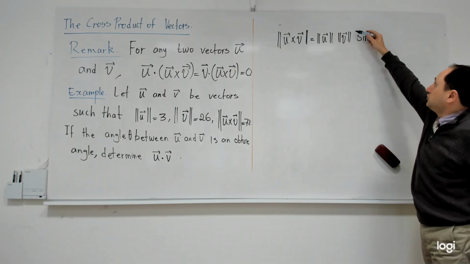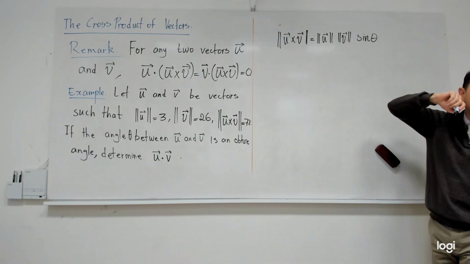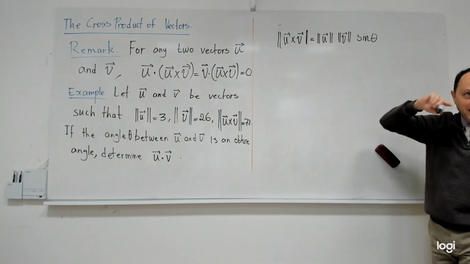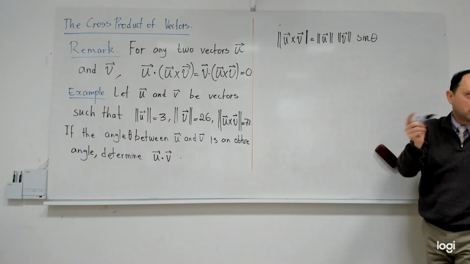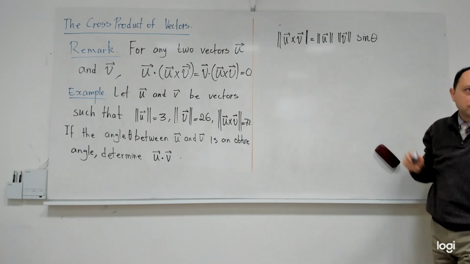Do you think I need to put absolute value here to be on the safe side, or I don't need it? You don't need it, because the angle between two vectors is minimum 0, maximum 180. It cannot be larger than that. So we really don't need to overemphasize by putting an absolute value.